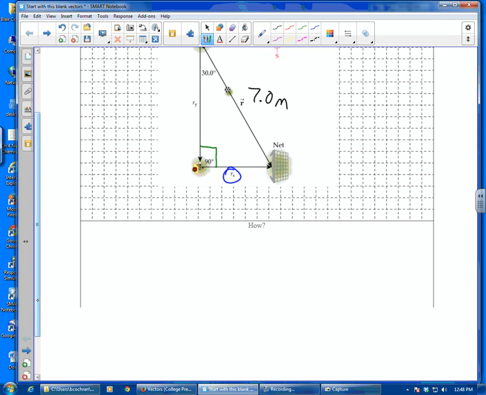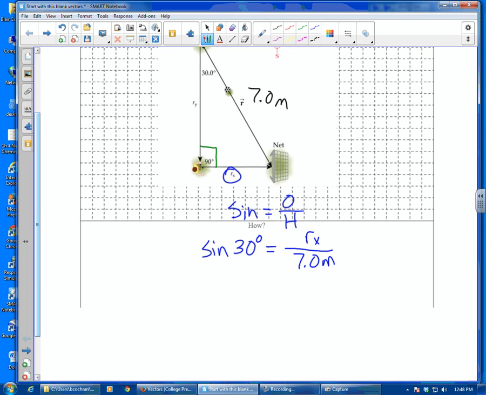From SOHCAHTOA, I know that sine of the angle, which in this case is 30 degrees, equals opposite over hypotenuse. The opposite is RX. The hypotenuse for me is 7.0 meters.